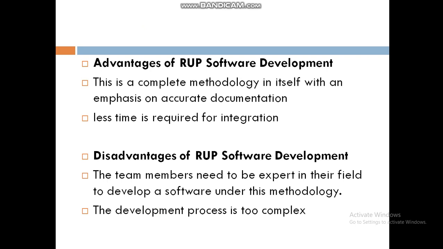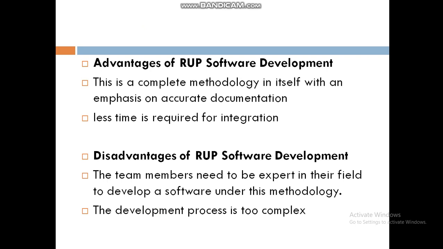Coming to the disadvantages, the team members need to be experts. To implement the project under the RUP model, the team members must be experts in their field to develop software under this methodology. The development process is too complex.